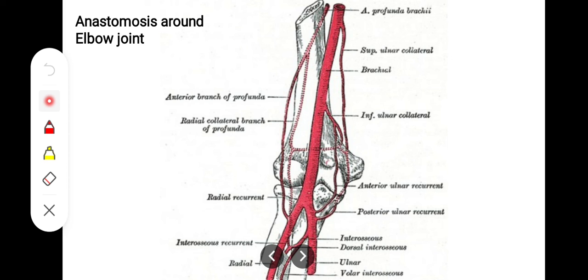Now the anastomosis behind the lateral epicondyle is such that first we saw the anterior descending branch of the profunda brachii artery. Now we'll be looking at the posterior descending branch of the profunda brachii artery, also called the middle collateral. It's not visible in this diagram, but this posterior descending, or middle collateral, branch will be anastomosing with the posterior interosseous artery.